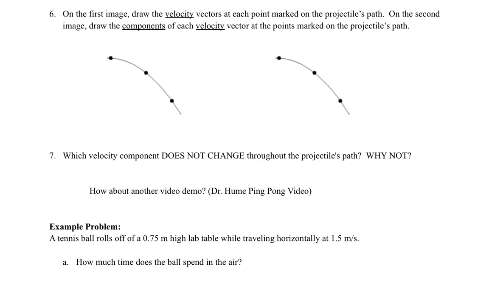So both these drawings represent an object, a projectile, that's been thrown horizontally. And on the first drawing, I'd like you to go ahead and draw the total velocity. Now it turns out that the velocity, or the speed, but velocity is a better term, is always tangent to the curve. So the way we can draw this is pretty simple.